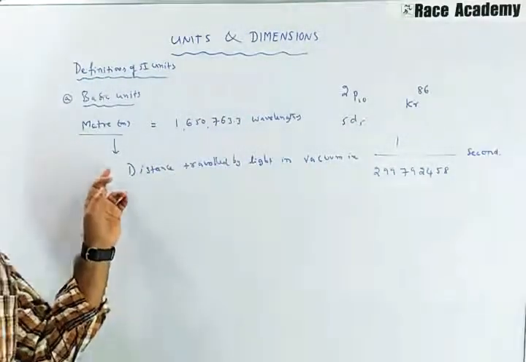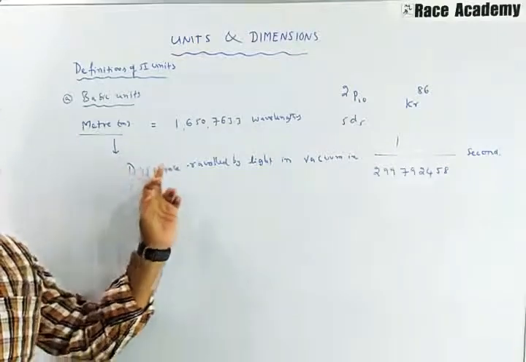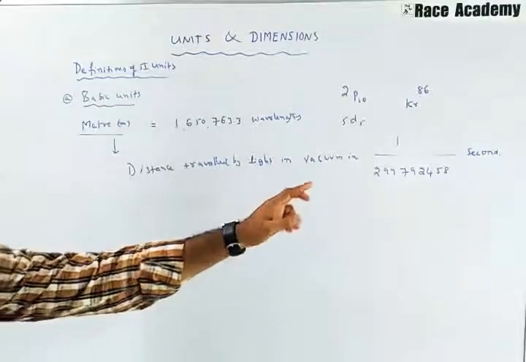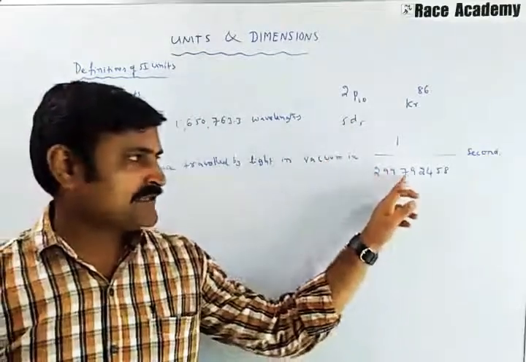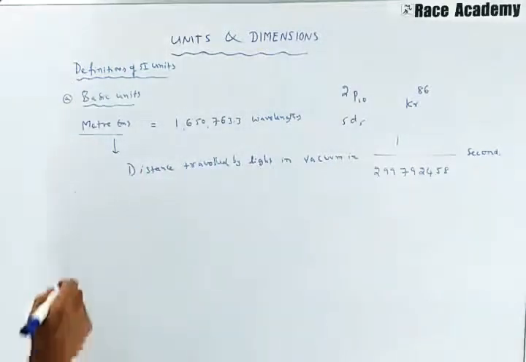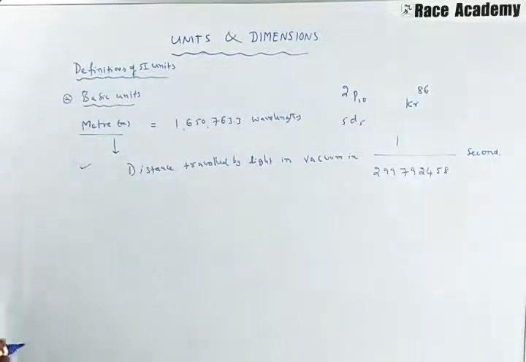So the meter is the distance traveled by light in vacuum in 1 by 299792458 seconds. Okay, this is the definition of the meter.